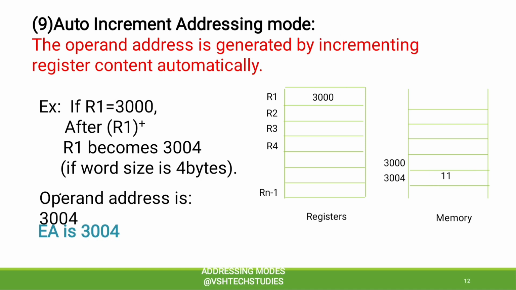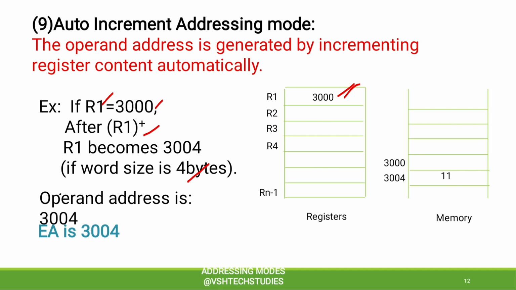Auto-increment addressing mode. The operand address is generated by incrementing register content automatically. Here the register taken, for example R1, is having 3000. Then (R1)+ means R1 has 3000, and the plus means it is incremented by one word size in bytes.